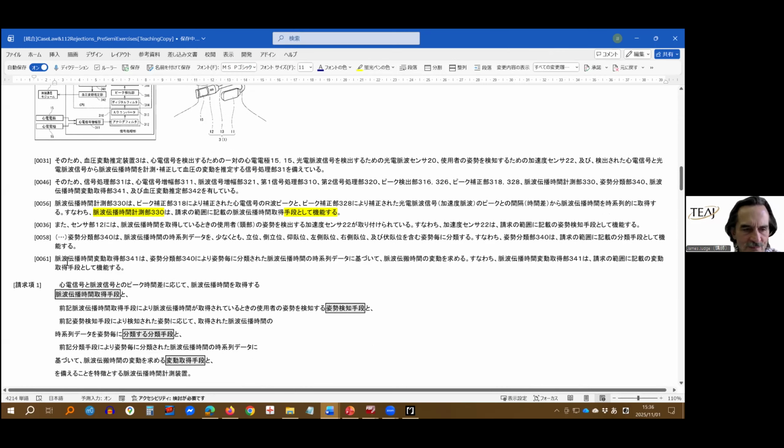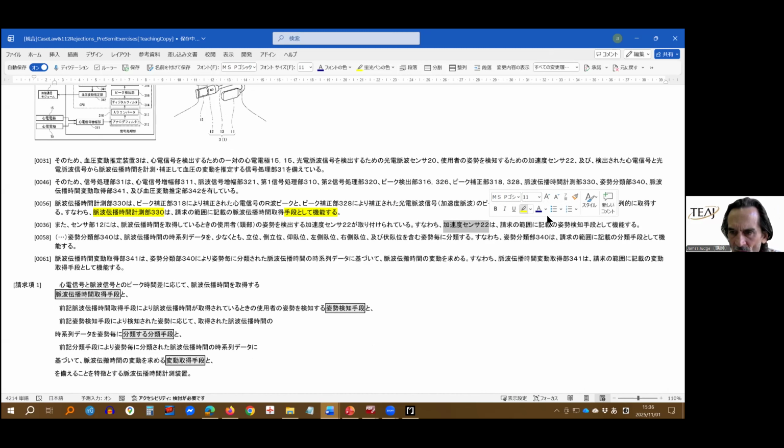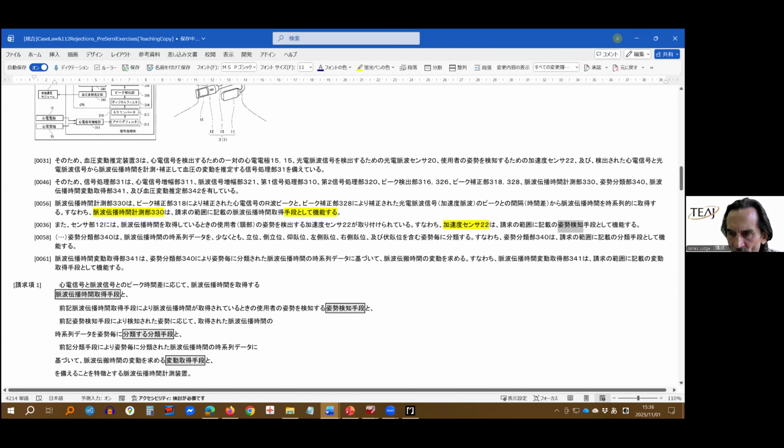And so that pattern is repeated right through in these different paragraphs that I cited. So you have a similar thing here. Kasoku do sensu wa. And then in this case, shisei kenchi shudan toshite kinou suru. So, well, anyway, you get the point.